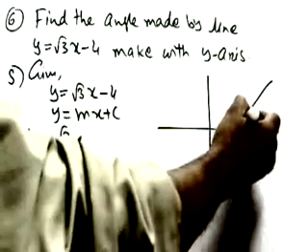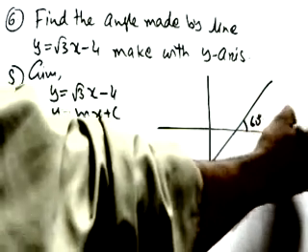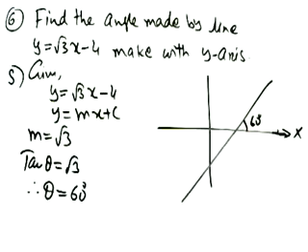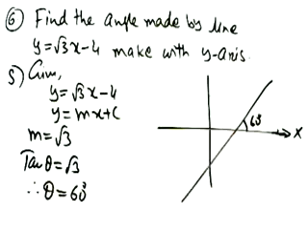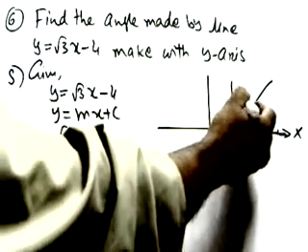But see here, this is the line. So this angle of 60 degrees is with the x-axis, not with the y-axis. Slope is with the positive direction of the x-axis. So how to find the angle with the y-axis? We have to subtract this from 90 degrees. Suppose this is the y-axis here.